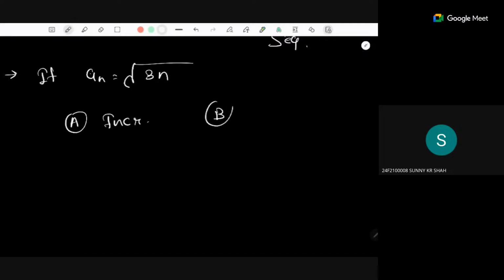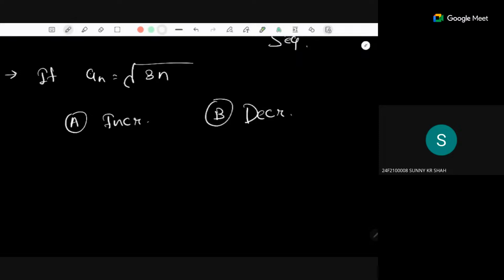So for example, if I consider the sequence an is equal to 2 under the root of 3n. Okay. So now is this an increasing sequence or decreasing sequence? So what do you guys think?